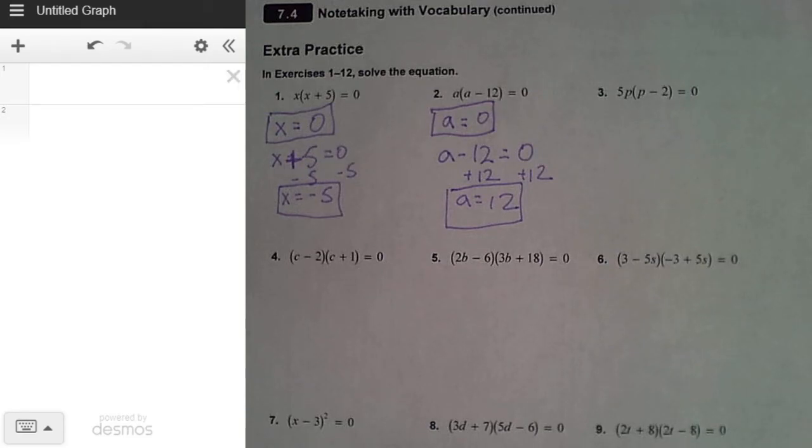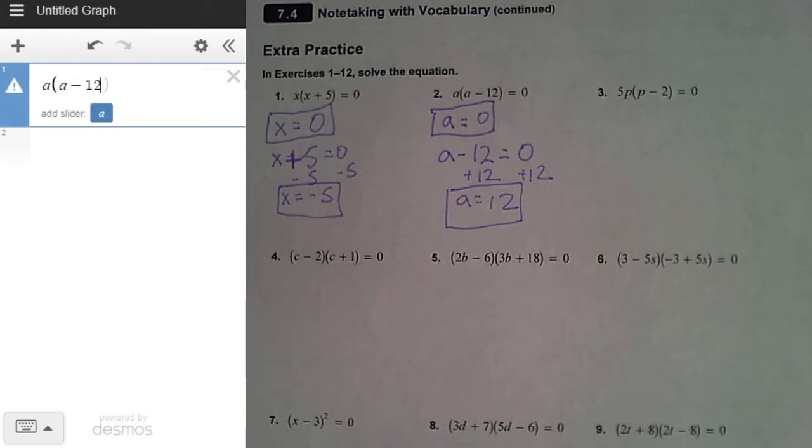We can see that again here in our graph, a times a minus 12.